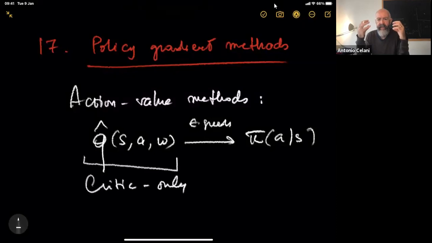The critic is a conceptual description of any kind of algorithm that is able to evaluate a policy. So you have a policy, you evaluate it, and then you construct an approximation starting from your new evaluation. So the role of the critic is central.